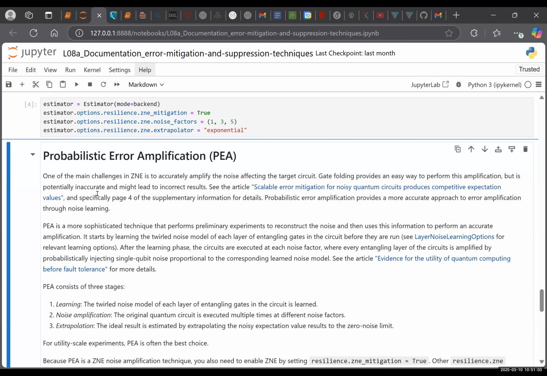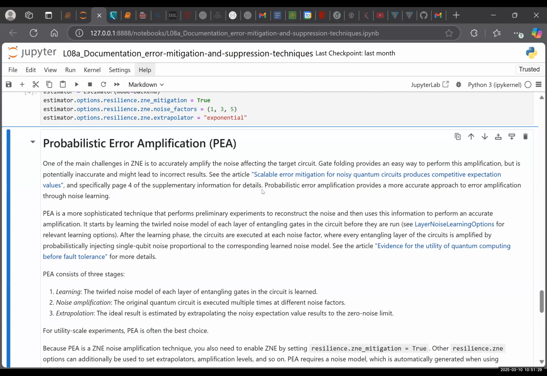But there's also the issue that ZNE potentially may lead to incorrect results, also depending on how you extrapolate. So there is some discussion here. This favors scalable error mitigation for noisy circuits, but this is a competitive expectation.